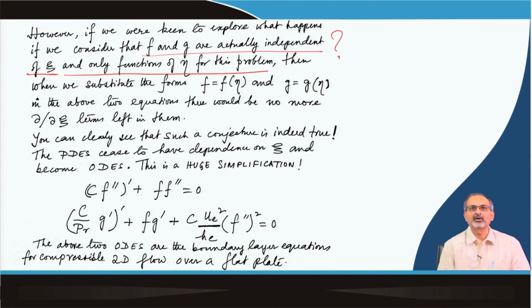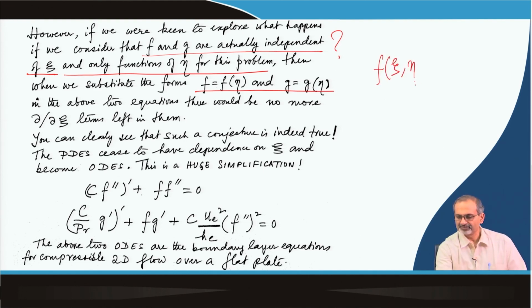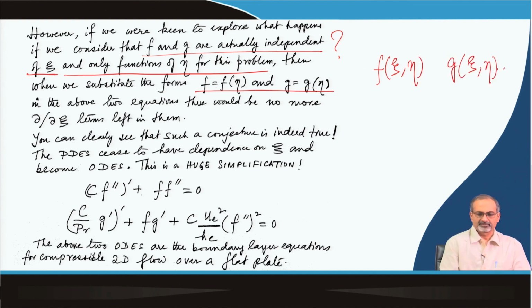So, this is a query. If we were to substitute these forms, that f is just a function of eta, g is also purely a function of eta, instead of the forms which are existing into these two equations, there would be no more del xi terms left in them if in reality they are independent of xi.